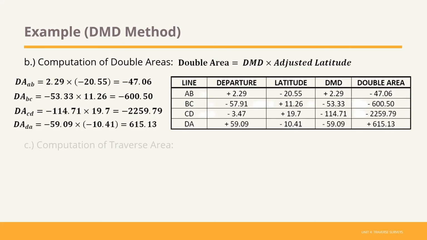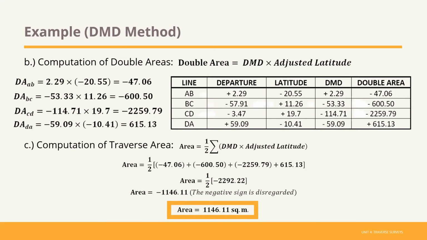Next, we have to compute the traverse area by using the formula: area is 1/2 multiplied by the summation of the double area.